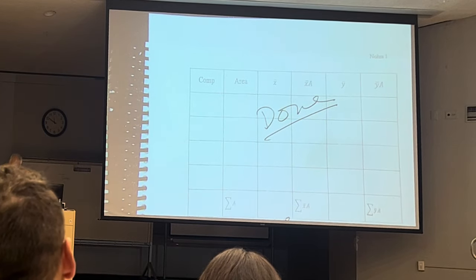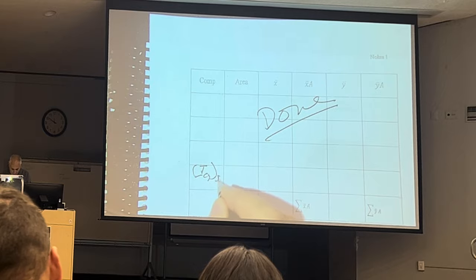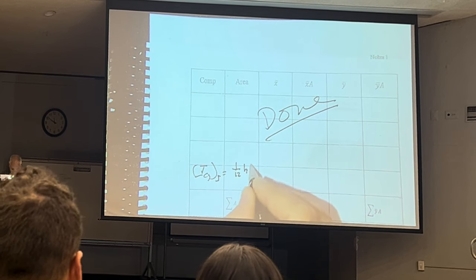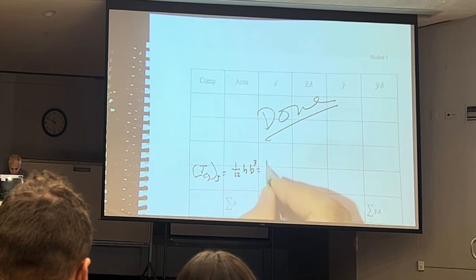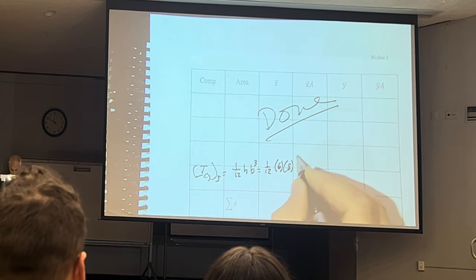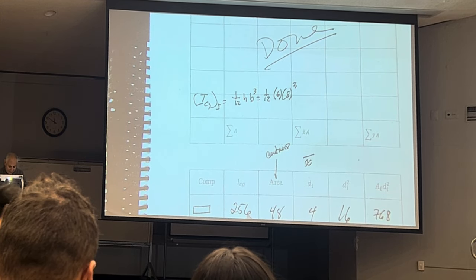My formula is ICG of 1/12 H B cubed. That's 1/12 times 6 times 8 quantity cubed. That's going to be 256.